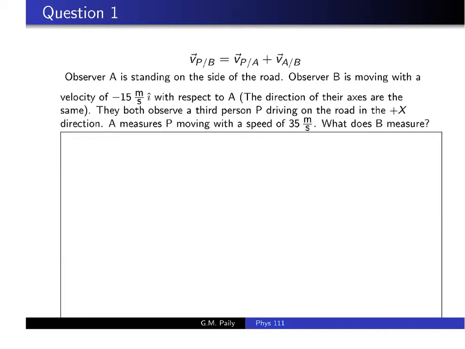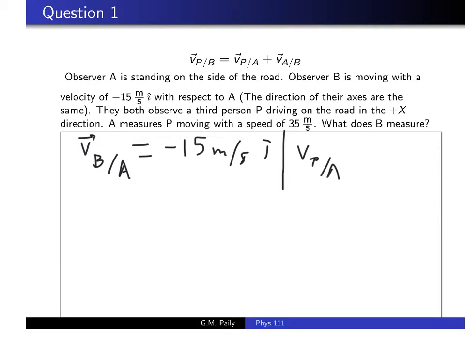We are given that the velocity of B with respect to A is negative 15 meters per second i hat. We also have that the velocity of P with respect to A is positive 35 meters per second i hat.